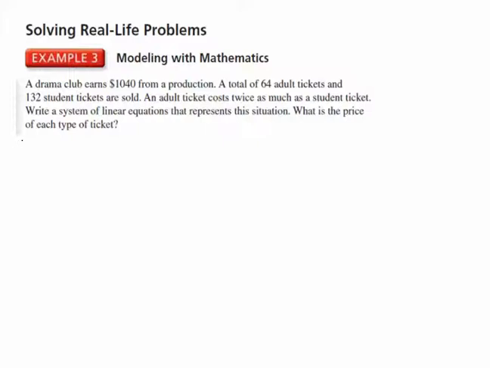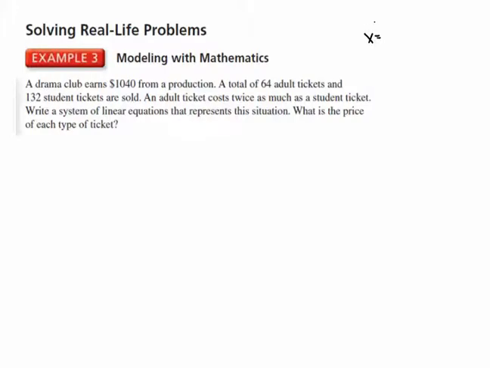So you can see in this type of problem, we have two things that are unknown. We don't know the price of the adult ticket, and we don't know the price of the student ticket, and that's what we're trying to solve for here. So I'm just going to make a note.